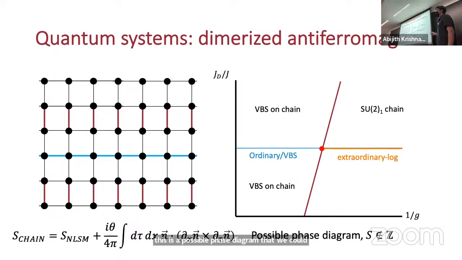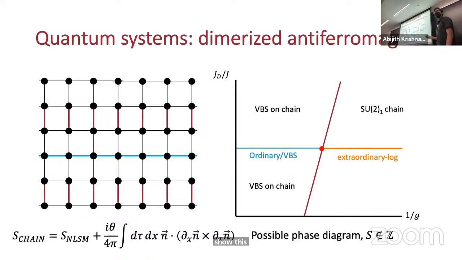We should expect to get the extraordinary-log universality class because theta does not enter perturbatively in the beta function for G. Additionally, when G is infinite, there's no antiferromagnetic order along the chain. So we should recover the ordinary universality class. However, these two different half planes introduce VBS order along the chain. I think there have been some numerical simulations that show this.